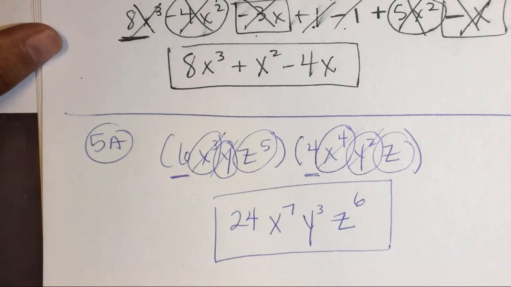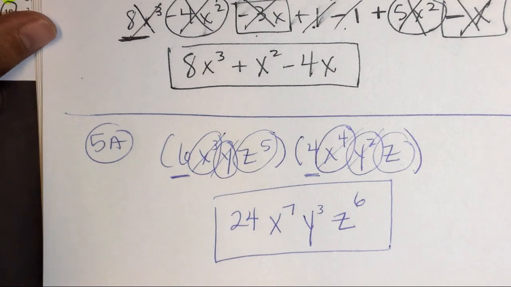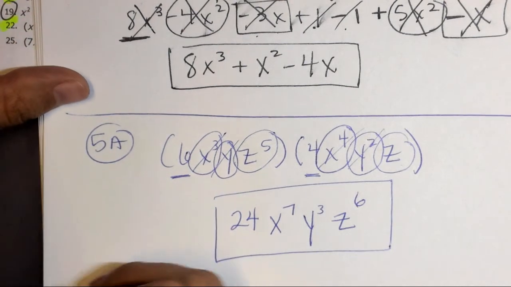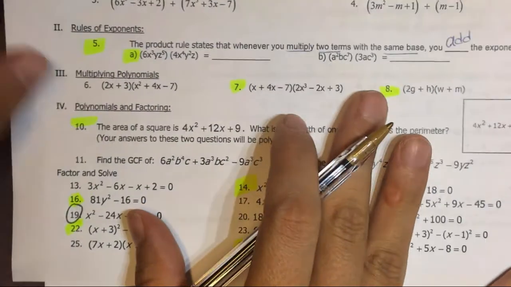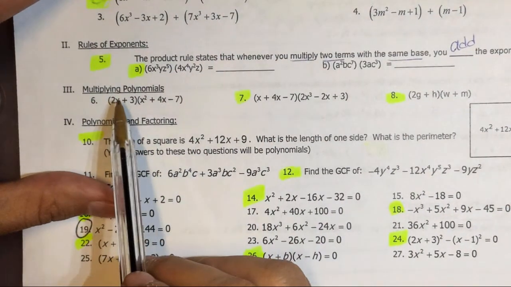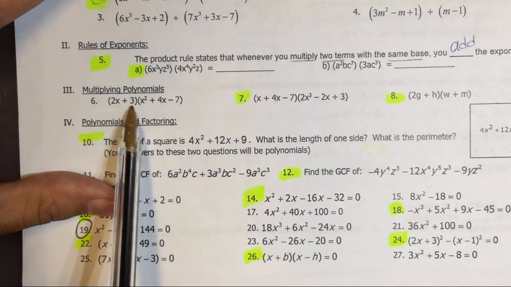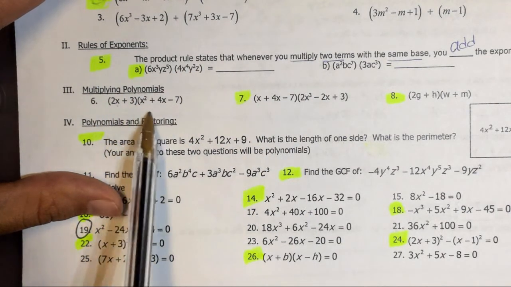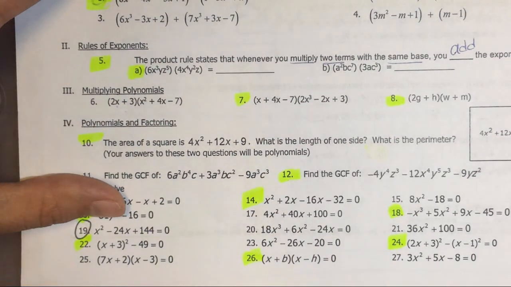Alright, next one. So you're going to do letter B the same way. Let's look at the next section. So I'm going to do number 7. Now we're in the section where we're multiplying polynomials. If you guys see here, this one has 2 terms, and this one has 3 terms. Even though I'm not going to work out number 6, I still want to talk about it.